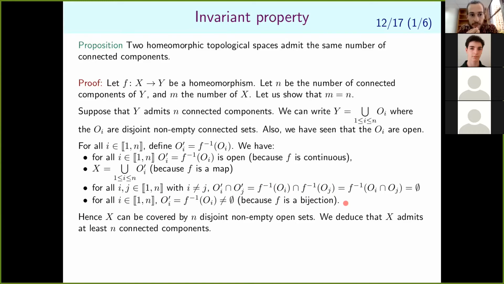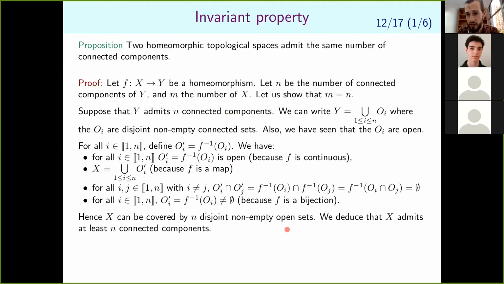Okay, so what I did not prove here is that the sets O_i' are connected. Because I only have that X can be covered by n disjoint, non-empty open sets.